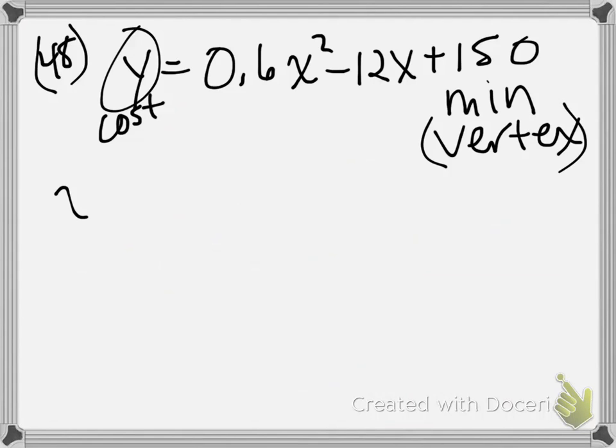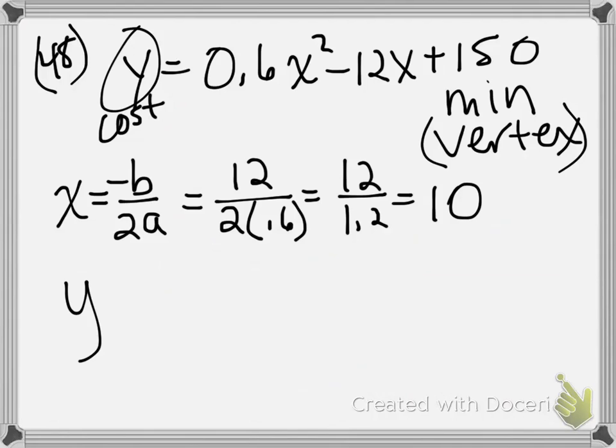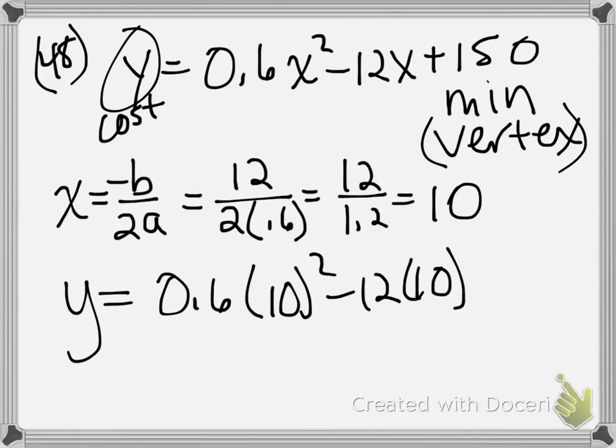So the vertex here, we'll use our formula, x equals -b divided by 2a. So I'm going to have -12, which makes that +12, divided by 2 times a, which is 0.6. So that gives me 12 divided by 1.2, which happens to be 10. And that's not too bad. 10's not a bad number to plug in. So going back to my y equation, I'm going to have 0.6 times 10 squared minus 12 times 10 plus 150.